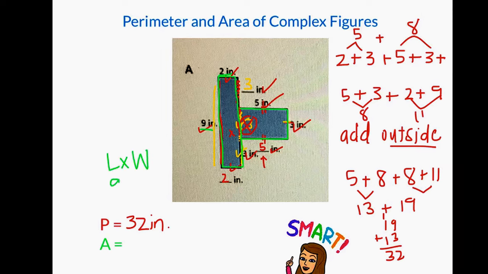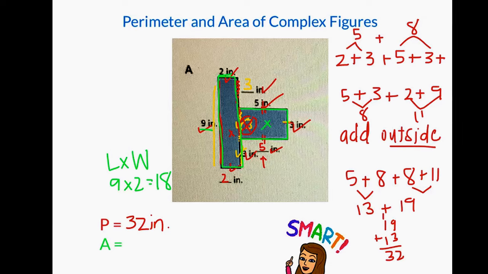So that would mean 9 times 2 equals 18 for the long, tall rectangle. Then for this rectangle here on the right side, I know that the dimensions are 5 by 3. So for that rectangle, I need to take 5 times 3, and that will give me 15.